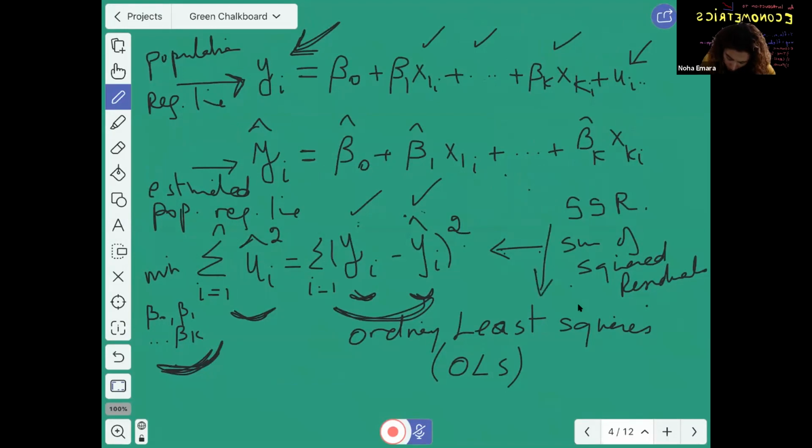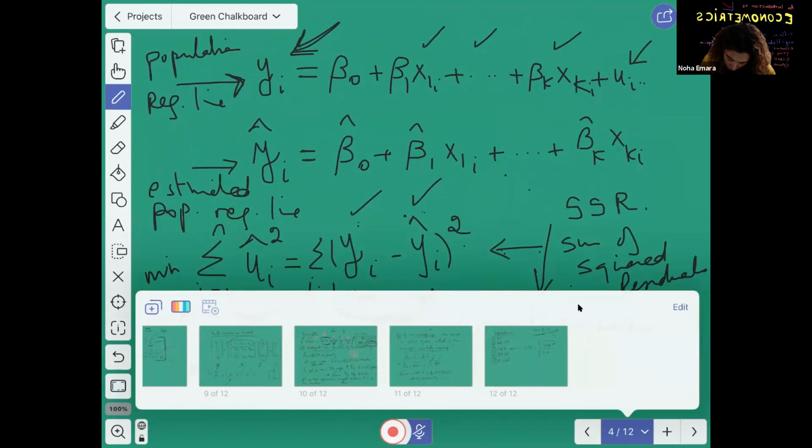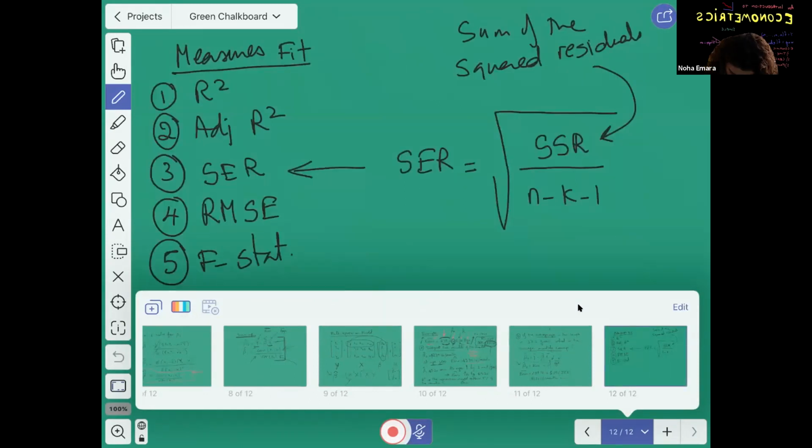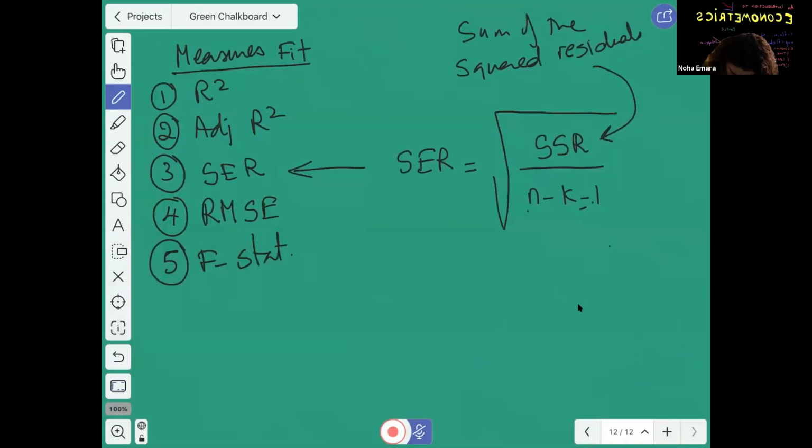And the SSR, if I try to get its average, I divide by the sample. I do some adjustment of degrees of freedom by taking the number of x's out and 1 for the intercept. So this is the number of betas, and this is the beta 0, okay?